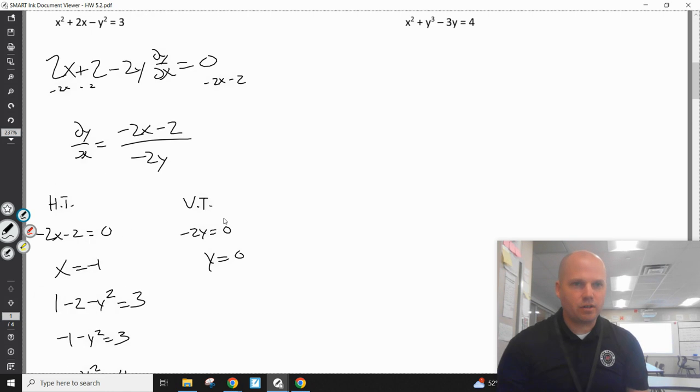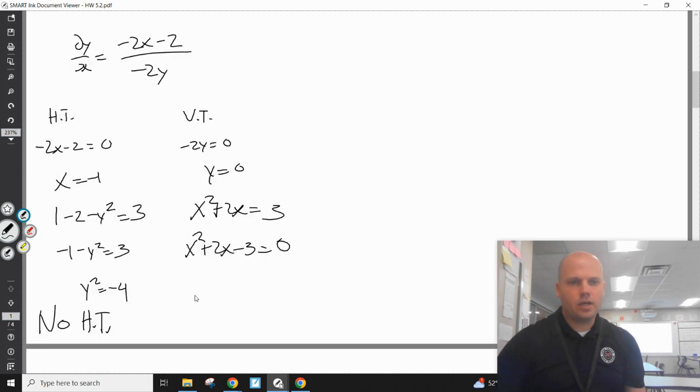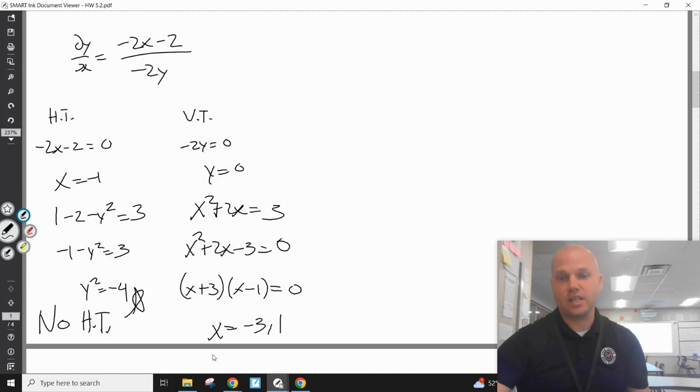Here, if y equals 0, you get x squared plus 2x equals 3. We get x squared plus 2x minus 3 equals 0. We get x plus 3, x minus 1. X equals negative 3, 1. Okay, this is something I would be expecting you to do, where it's easy enough to see that actually I don't have any points there.